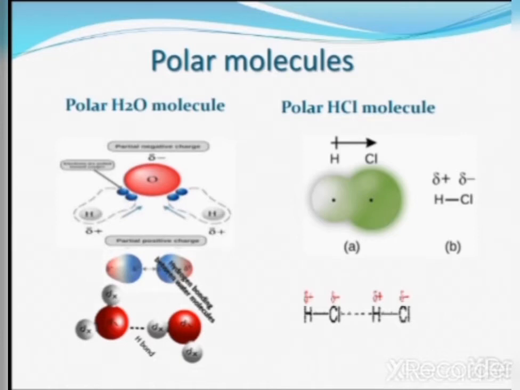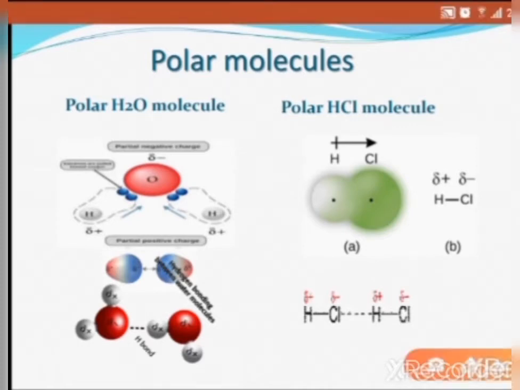Now here in the first example, water, the electron pair is closer to oxygen than hydrogen. Since the electronegativity of oxygen is greater than hydrogen, the electron pair is closer to oxygen than hydrogen.